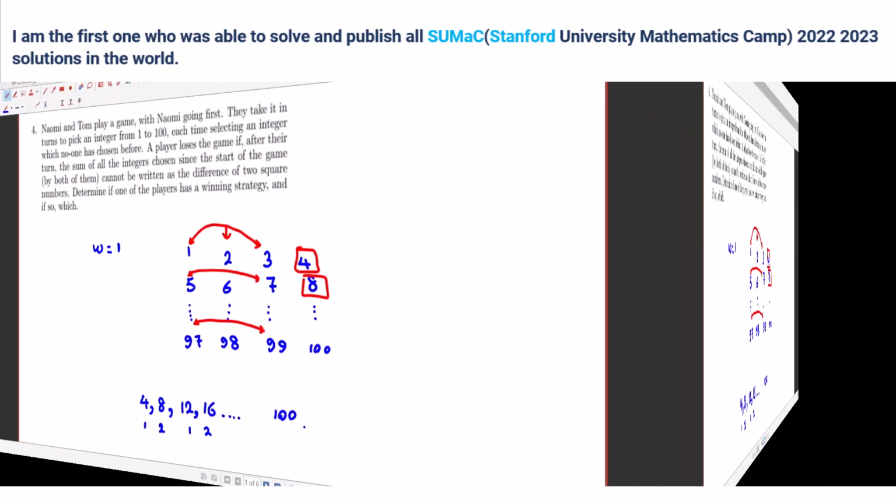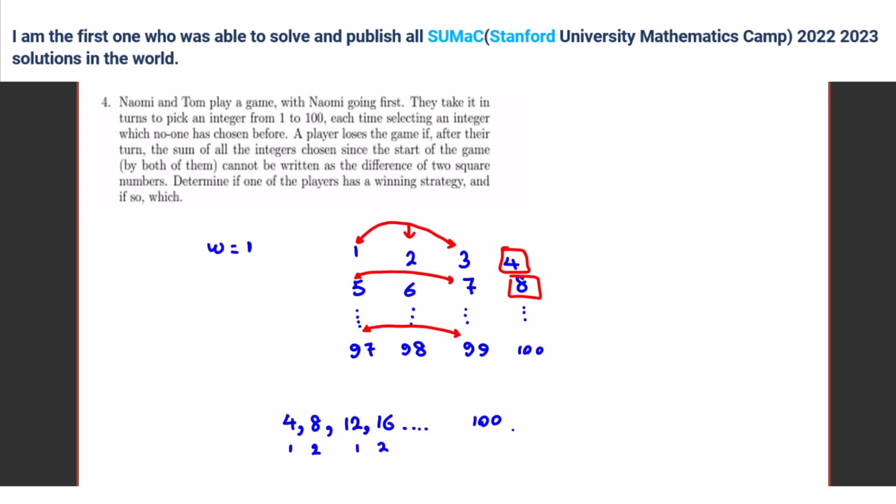Why does the first player take it? Well, I just did a simple thing. 4 and 12. When you divide by 4, it's 1. Or how many multiples of 4 are there here? If you split it into pairs, then it'll be 1, 2, 3, 4, 5, 6, and then 25 will be the last one.